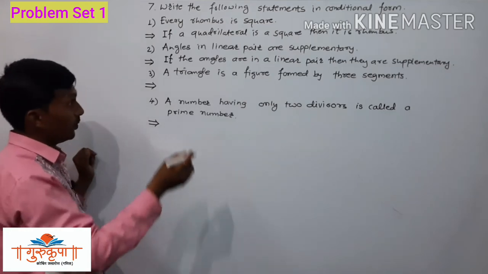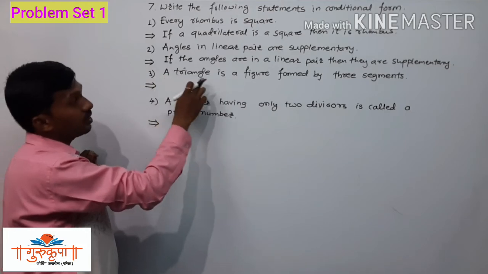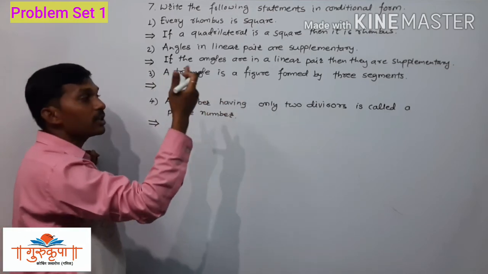Now we have the third statement, that is a triangle is a figure formed by three segments.